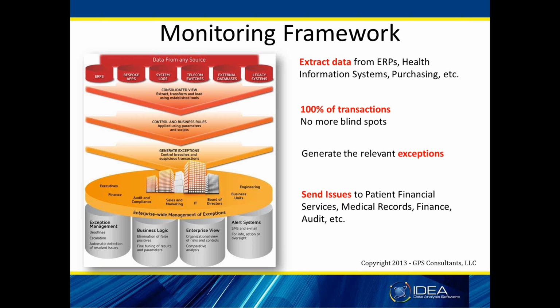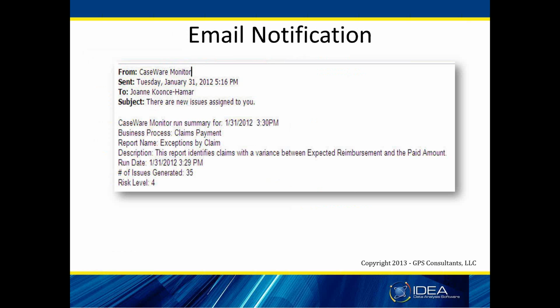And it can also monitor how quickly the appropriate people are working those exceptions. So all of that different stuff's tracked to where not only do we know when an exception happens and that it went out to the appropriate person, but that person actually did something and looked into why and fixed the issue. So this would be an example of the email notification that Monitor would send out.